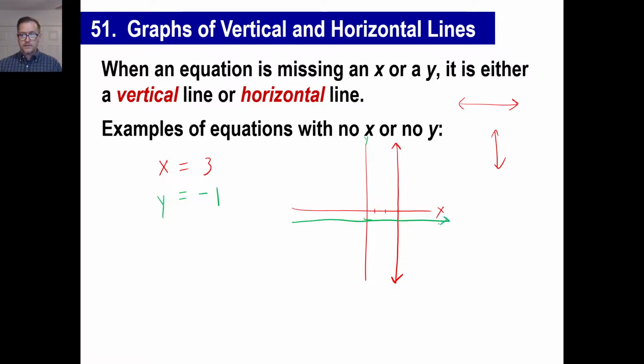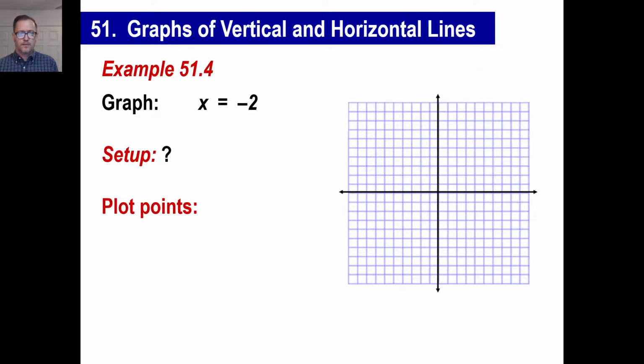It looks like this, okay? So x equals is a vertical line. Y equals is a horizontal line. So that's how it's going to look. All right? You'll see several of those in your practice problems as well. Okay. All right, here's one for example. X equals -2. Well, don't forget.